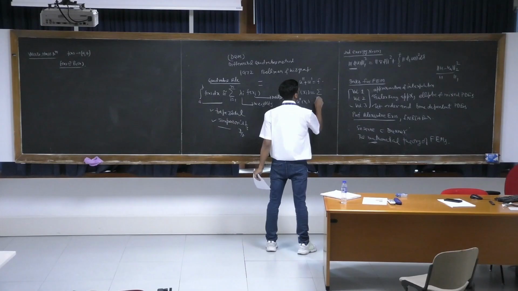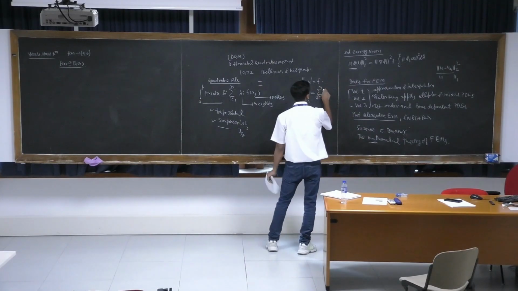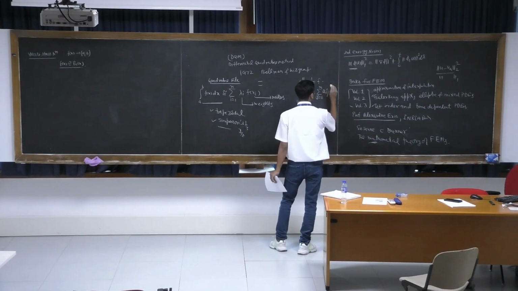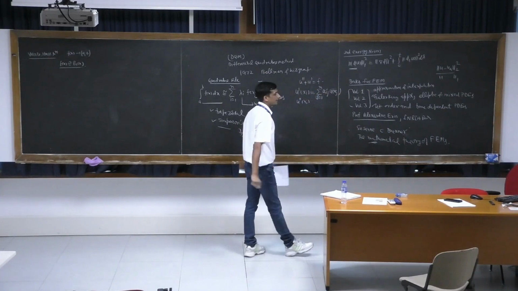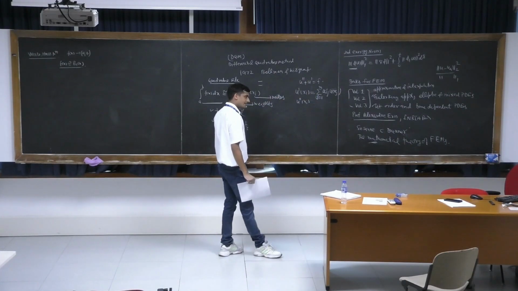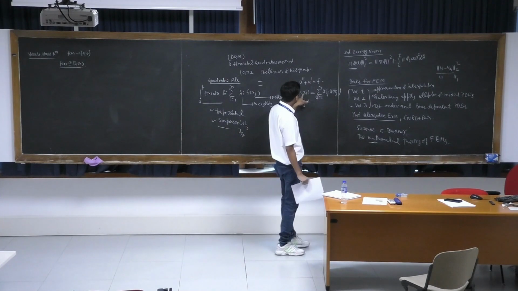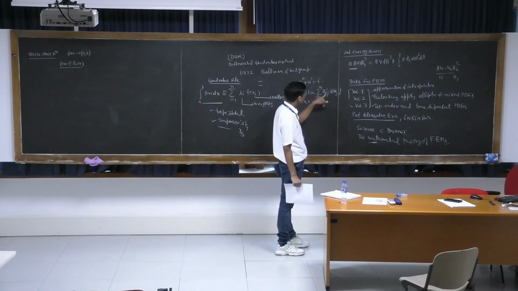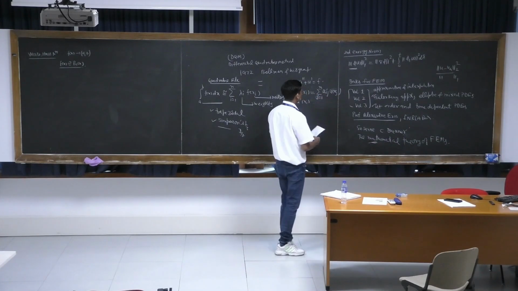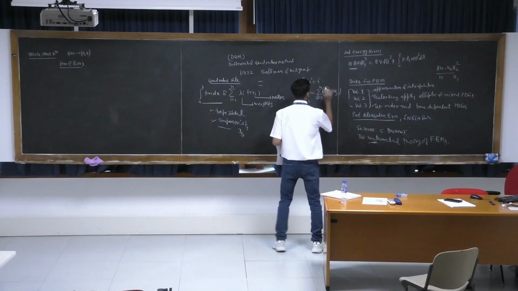Suppose I write j equal to 1 to n, and a_ij are the weights and u of x_j. Here is the difference: I am not discretizing this x. Here u dash of x is described by x_i, where i comes from here and j is from this one. So these are the weights.